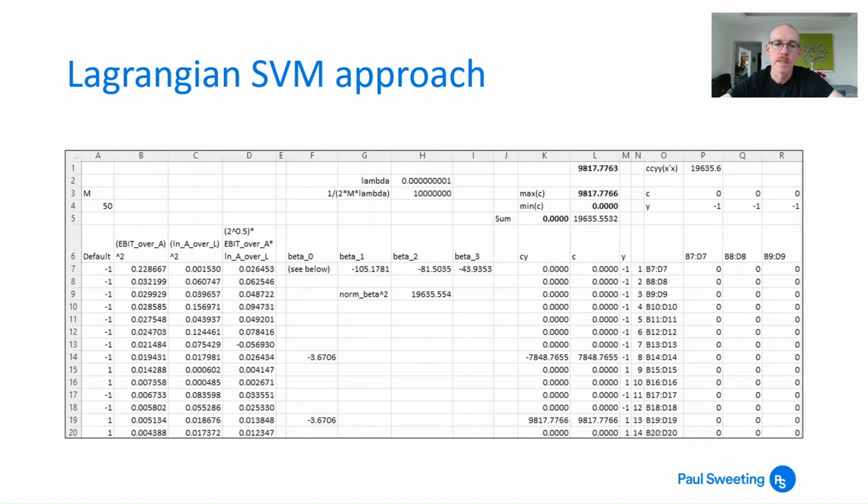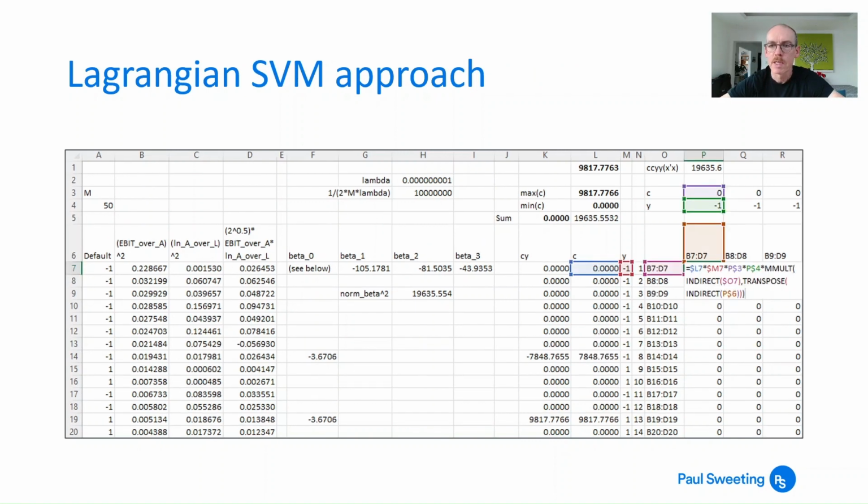You can also do it the Lagrangian way. So the way you do this, if you remember, is you multiply the C's in L7 to P3 by the Y's in M7 to P4, then by these matrix multiplied offsets, where we're multiplying essentially the values in columns B to D for each pair of firms.